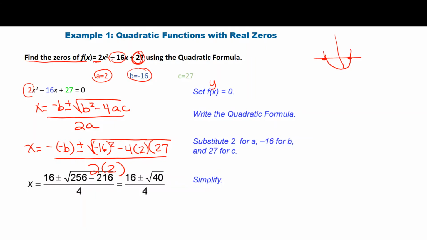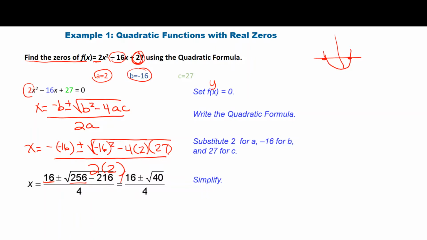out, and I've kind of already done it for you. So our negative b, which is actually negative 16, okay, negative and a negative is a positive 16, plus or minus, negative 16 squared is 256, minus 4 times 2 times 27 is 216, all over 4.